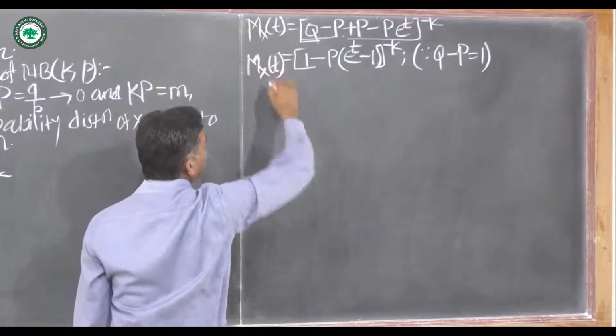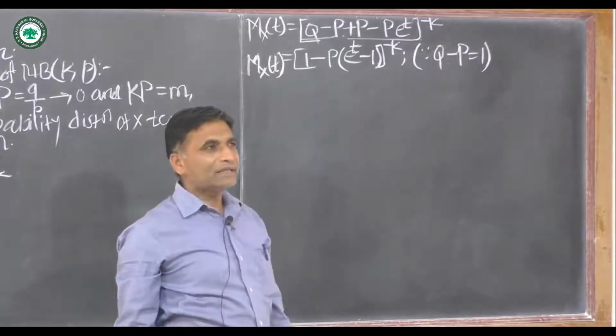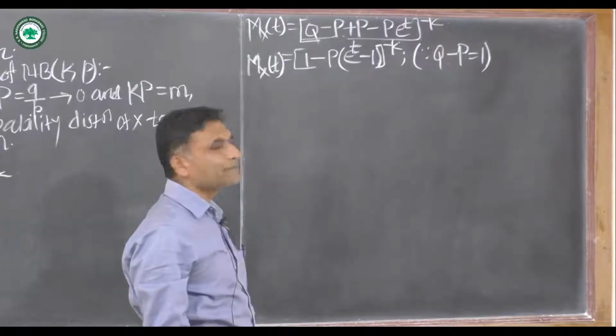Okay, this is the M_X(t). Now we take the limit on both sides as k tends to infinity.